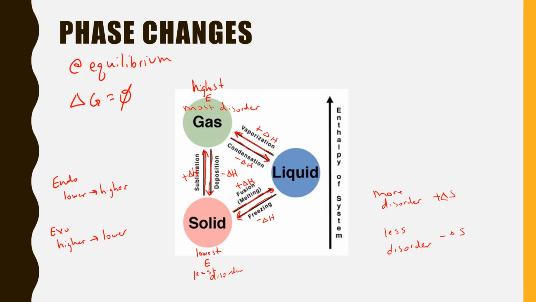So, if I go from a solid to a liquid in this direction, then I am getting more disorder, so I have a positive delta S. If I'm going from a gas to a solid, I have less disorder, so it's a negative delta S. So they like to ask these questions a lot in multiple choice as well.